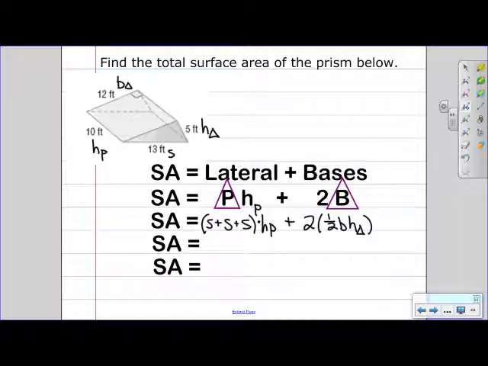So now we can substitute with the dimensions of our figure. The sides of our triangle are 13 plus 5 plus this side of the triangle, which is the same as this part of the triangle, which is 12, times the height of our prism, which is 10, plus 2 times 1/2 times the base of the triangle, which is 12, times the height of the triangle, which is 5.